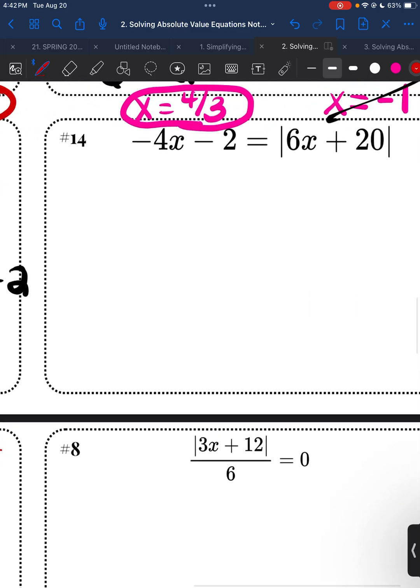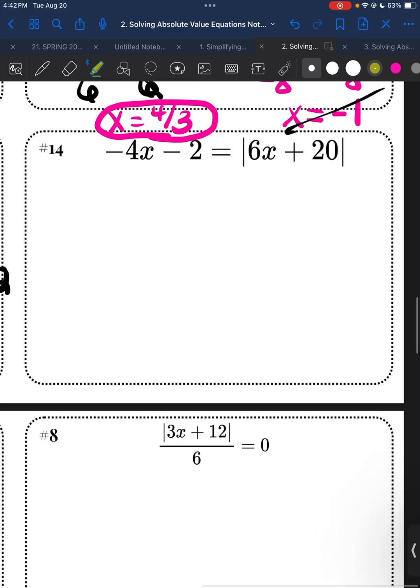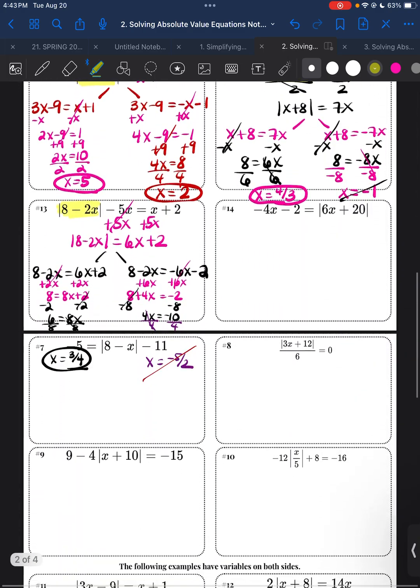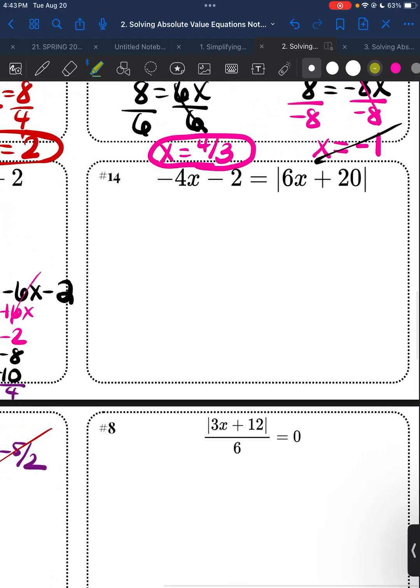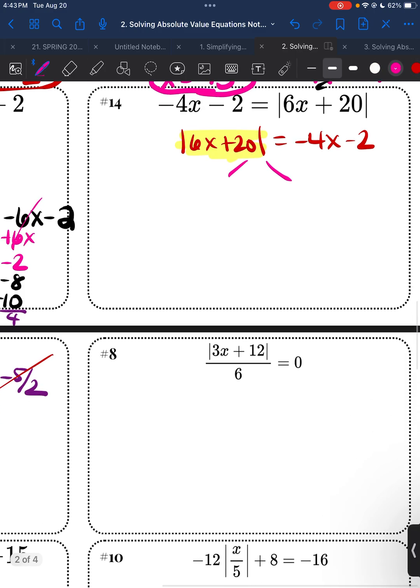And then on the last one, just like number, I think 7. Let me see real quick. Yeah, just like number 7, if the absolute value is on the right, you can flip it around if that helps you. So I'm going to do that. I'm looking at this problem. I'm going to isolate this, which it already is. So we've split it. The left is the same.